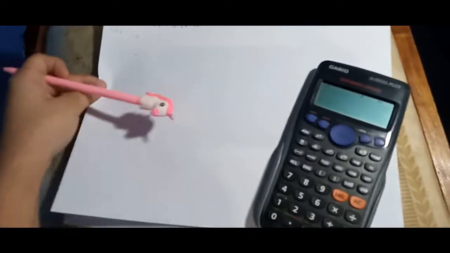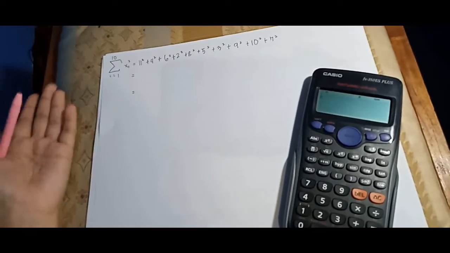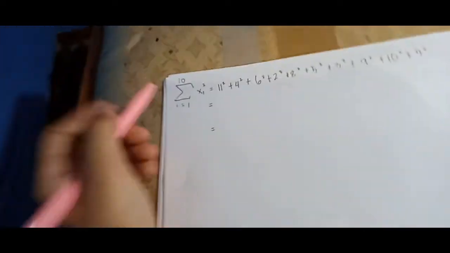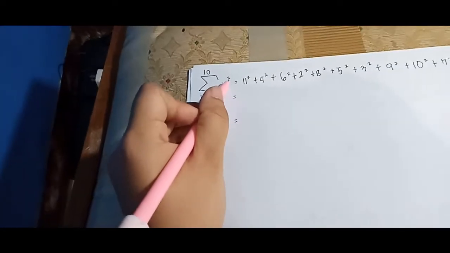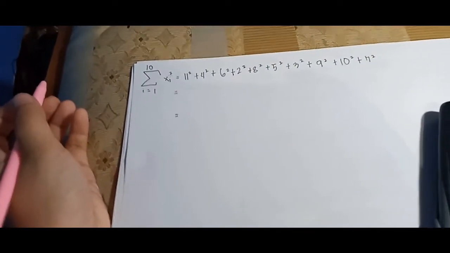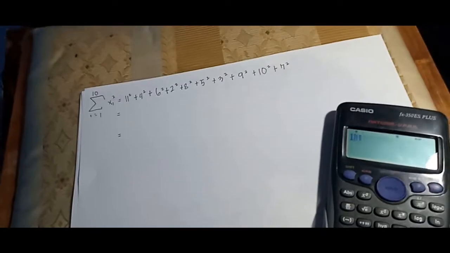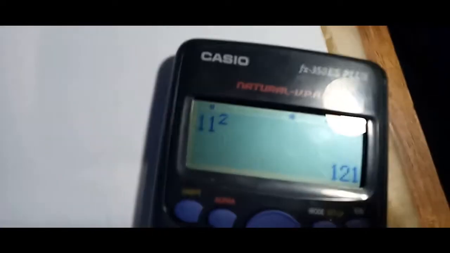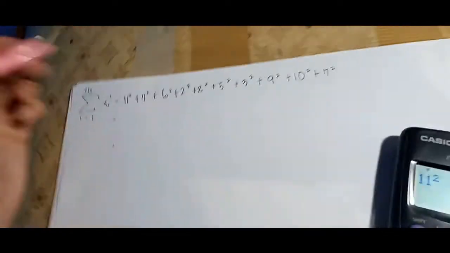There. So let's go to the last one. Now the last one is a bit more easy than the other two because it is only raised to 2. So basically, to find the means, all you have to do is raise them to 4, to 3, and this one to 2. Okay, so basically the same thing. 11 raised to 2 equals 121.